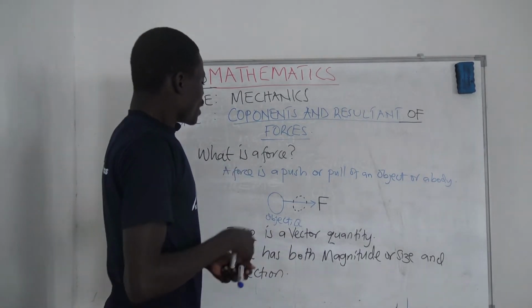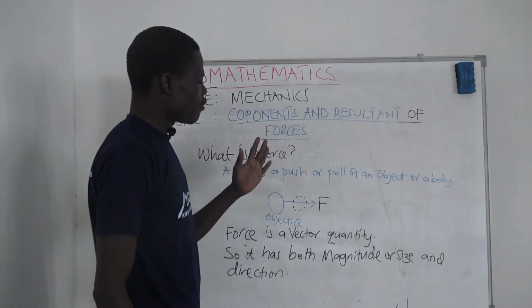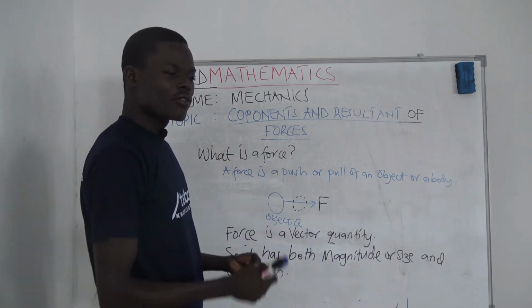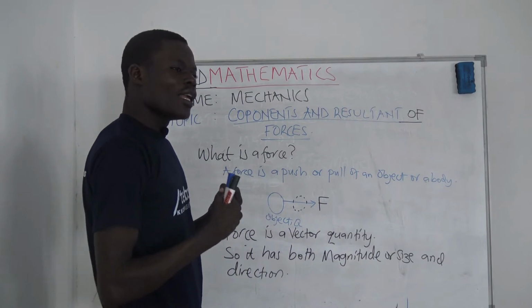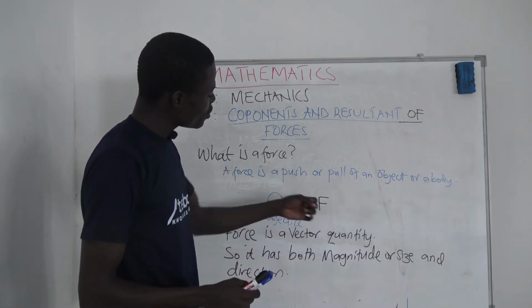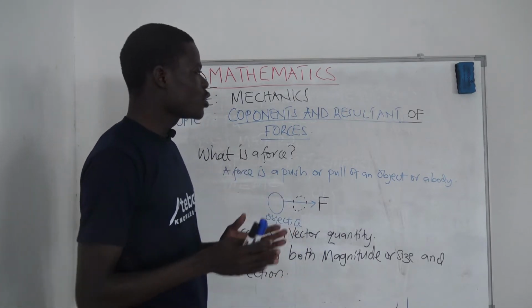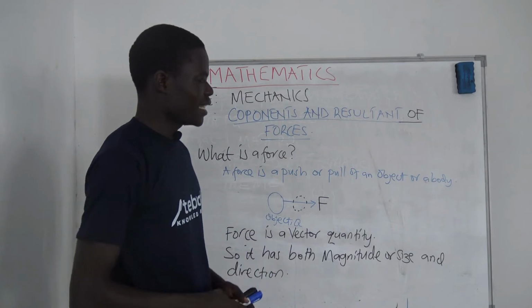This means that once you get a question saying calculate the force acting on the body, you should state the amount of force which is required, and after that you state the direction where the force is acting.